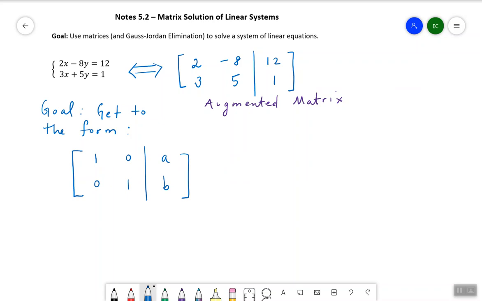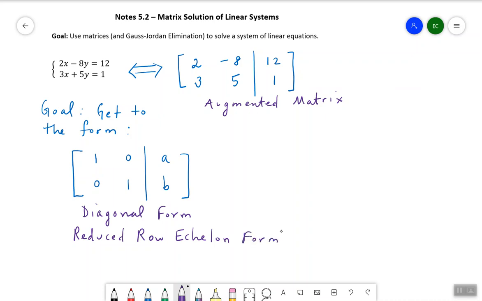And so this is called diagonal form. It's also called reduced row echelon form. That's a mouthful. That's a long name, isn't it?